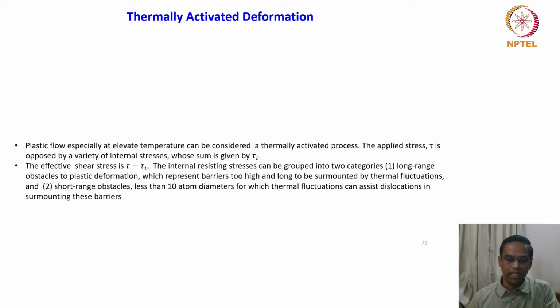So what it says, long range obstacles to plastic deformation. What are these long range obstacles? Basically the long range stresses, which are caused by a dislocation, a precipitation, or massive second phase particles and so on.